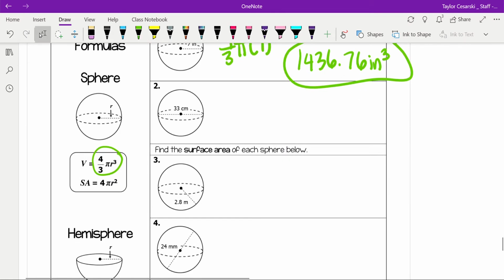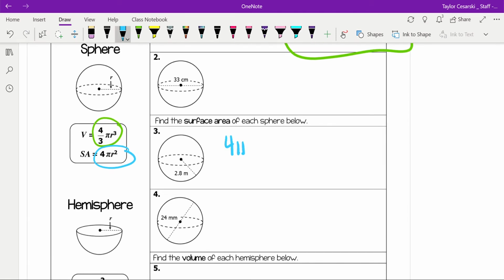Number 3 says find the surface area. Again, I'm given the radius, but this time I'm finding the surface area, so I'm going to use 4 pi r squared. So 4 pi 2.8 squared. Again, just type that all in your calculator, and you get 98.52 meters squared.